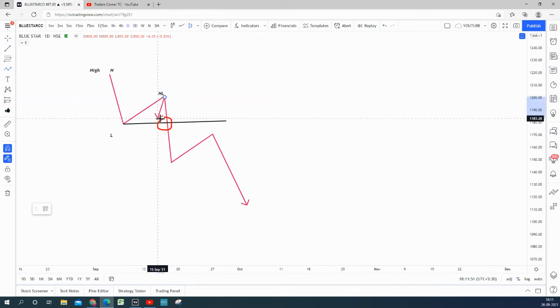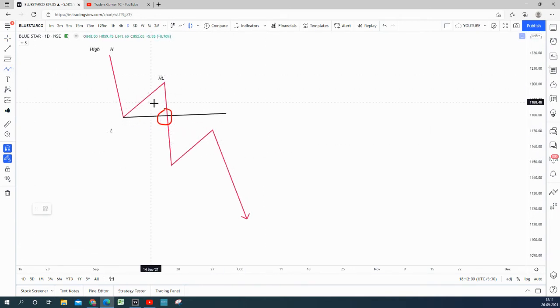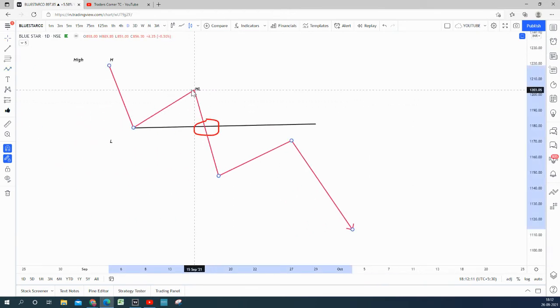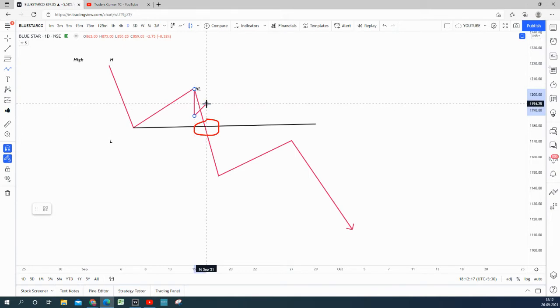So what you have to do here, as I said, price will not come in a straight line. Price will come like this, down, up, down, retrace. It will break this point. So whenever it comes for retracement, you buy here.